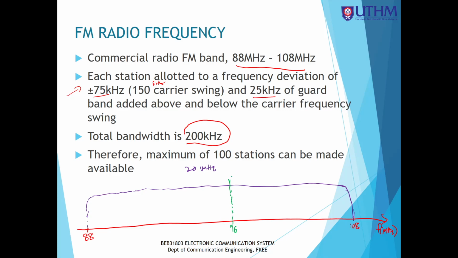Given that these radio stations have a maximum frequency deviation of plus minus 75k, the carrier swing is 75 plus 75, so the carrier swing is 150 kilohertz.